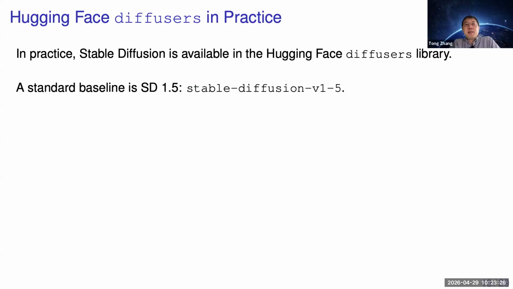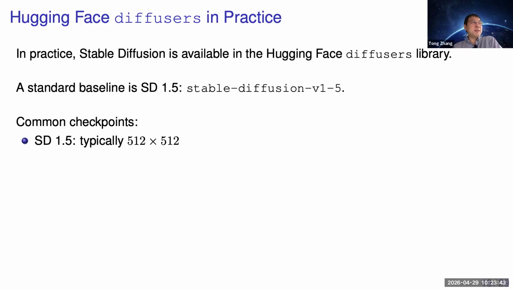The standard baseline is stable diffusion 1.5. This is the one we are doing with our code. There are other checkpoints if you're interested. This typically generates 512 by 512.